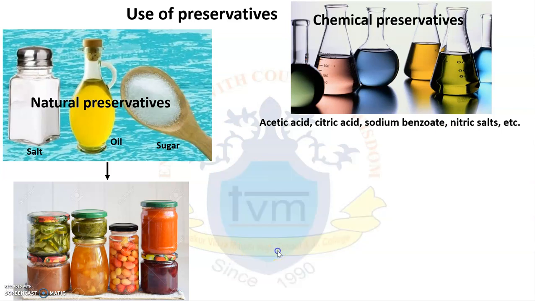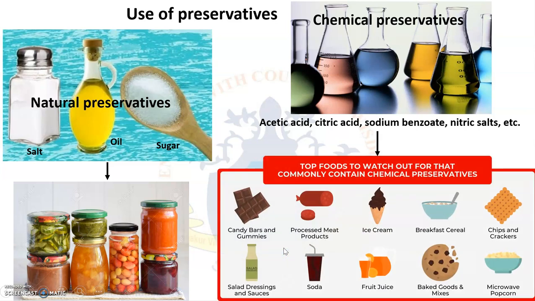They are used in sauces, jellies, jams, and in packaged ready-to-cook vegetables and ready-to-eat foods, etc. These preservatives keep the food safe for a longer duration of time. So mostly the ready-made food that is available in the market contains chemical preservatives.